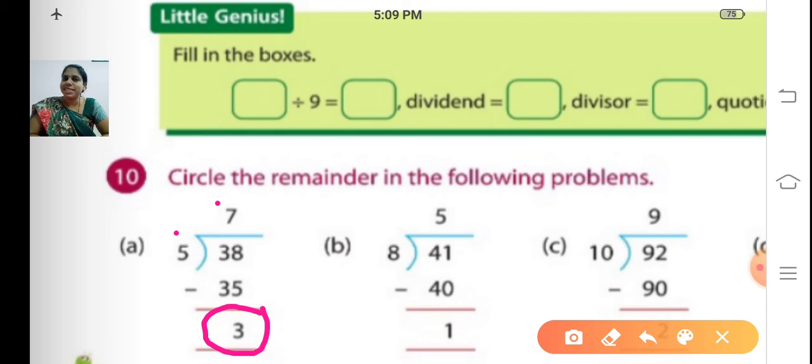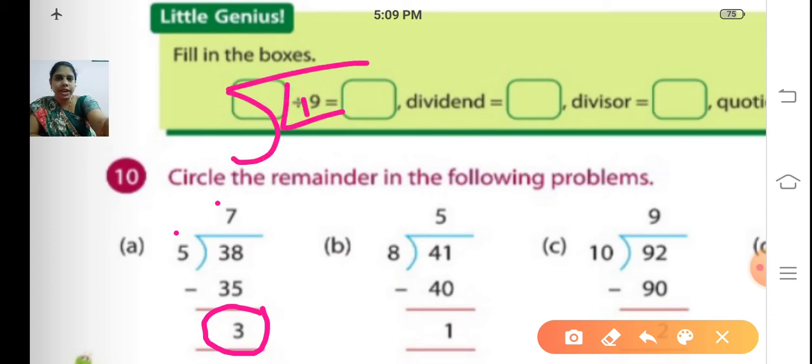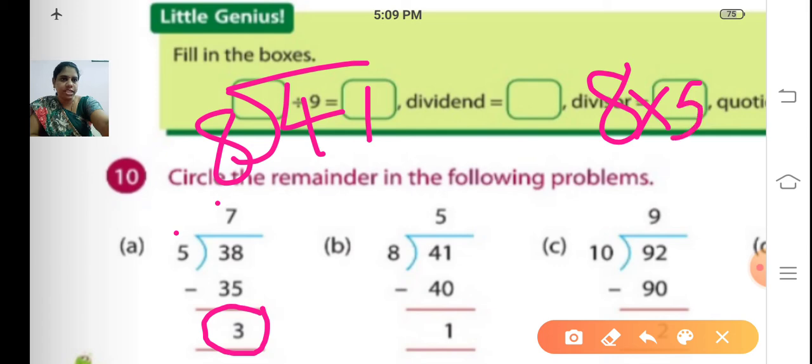Now in B sum, which one is the remainder? The sum is 41 divided by 8, right? In the 8 table, 8 5s are 40, 8 6s are 48. So I am writing 8 5s are 40.